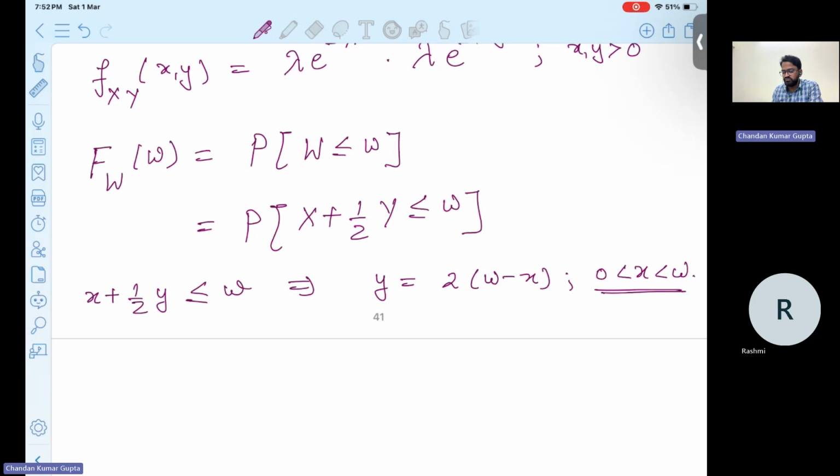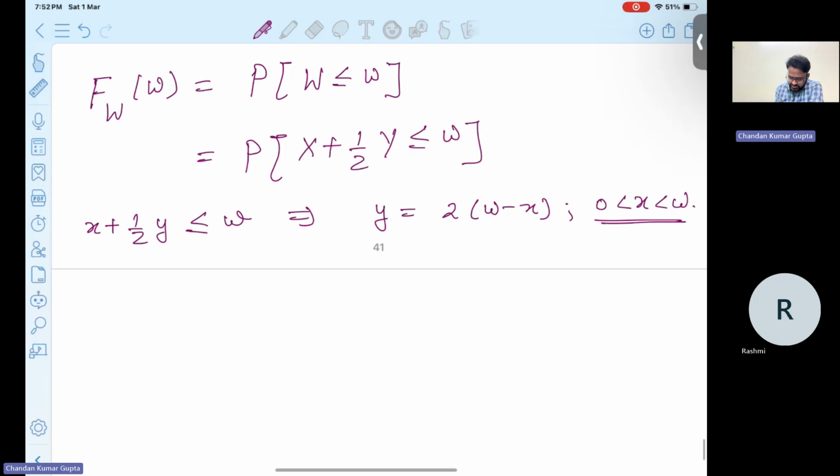So the maximum value of x is w. X has range 0 to w, and y has range 0 to twice of (w minus x). Okay, this is up to this point.